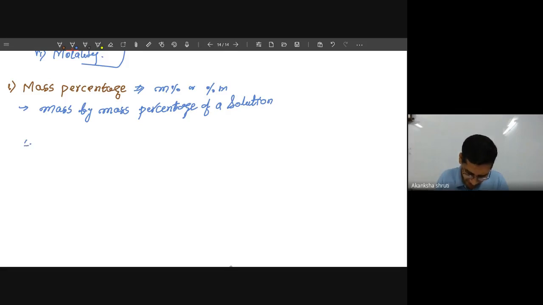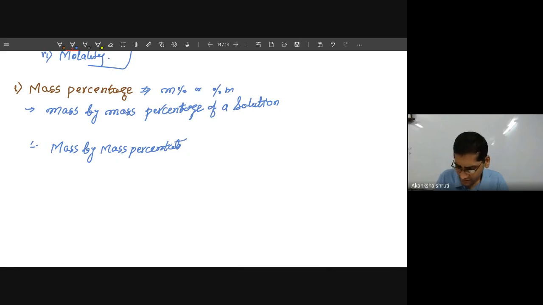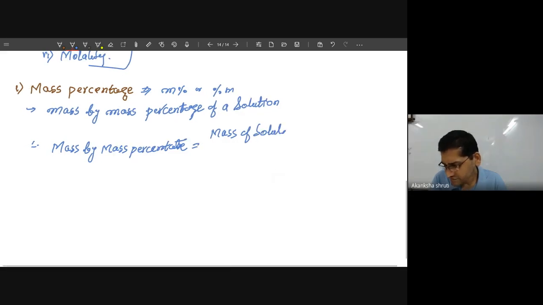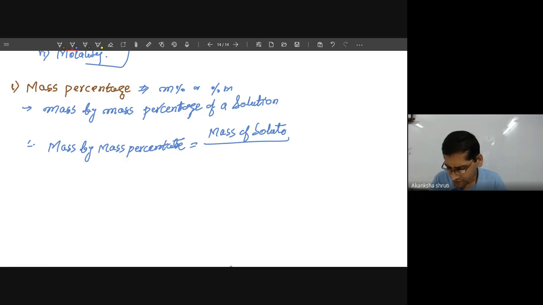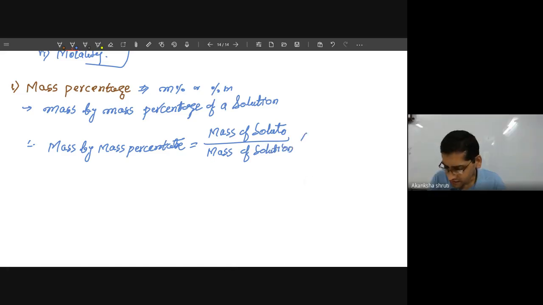So what is the formula? Mass by mass percentage: here you have to take the mass of solute, divide it by the mass of solution, and this entire ratio has to be multiplied by 100.